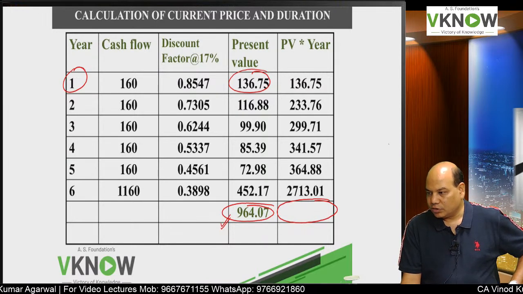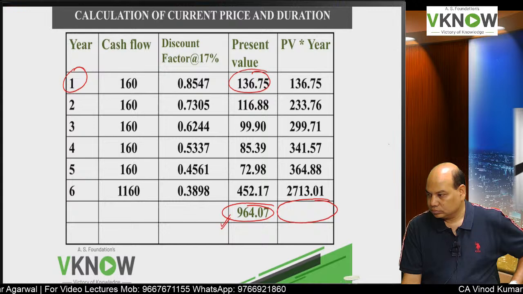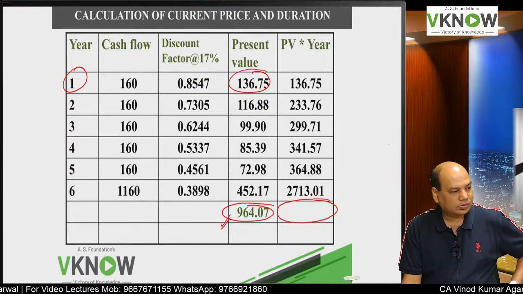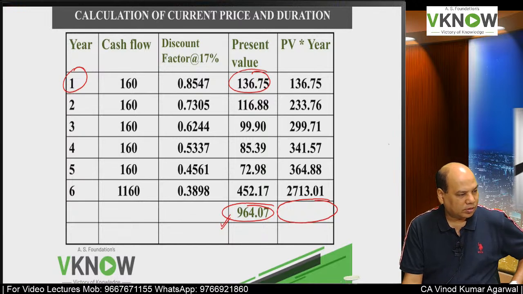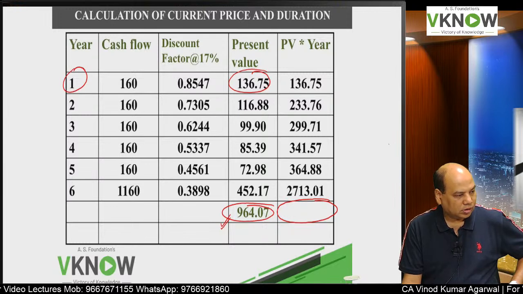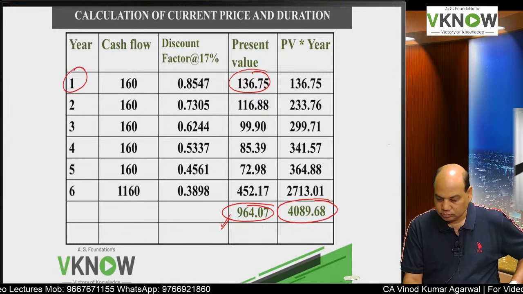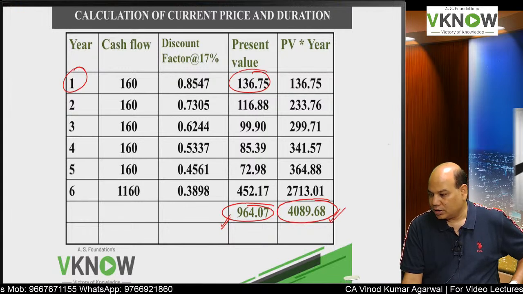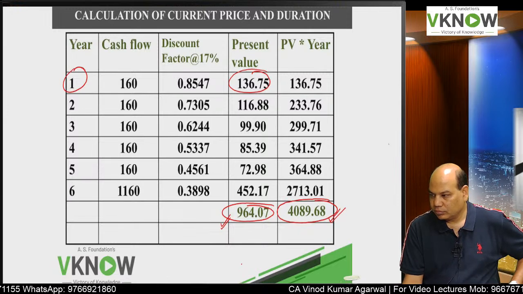Last column total. Yes, come on. Last column. So this is approximately, check, 4089.68. Is this right?